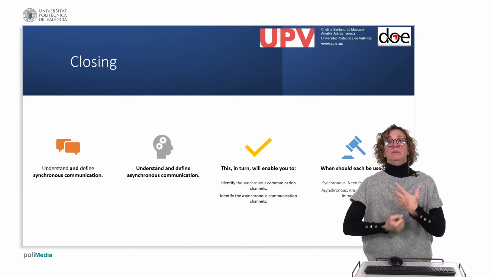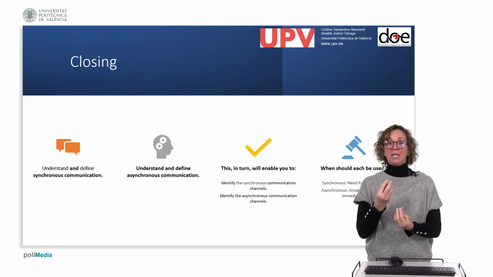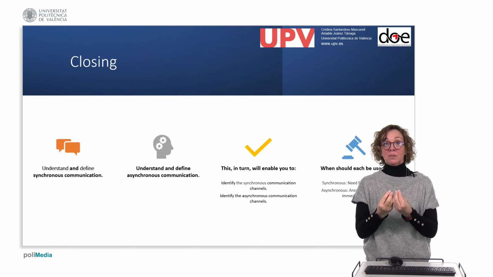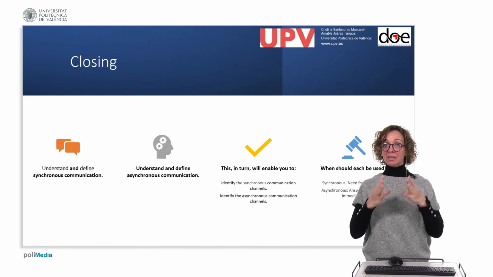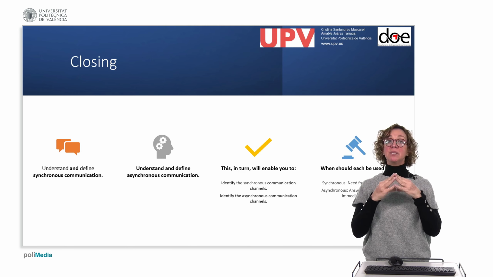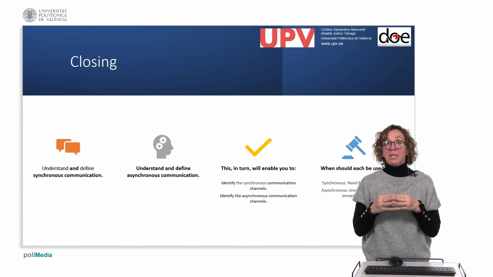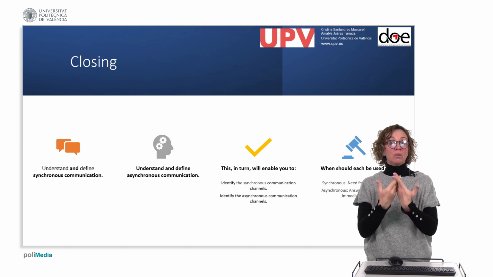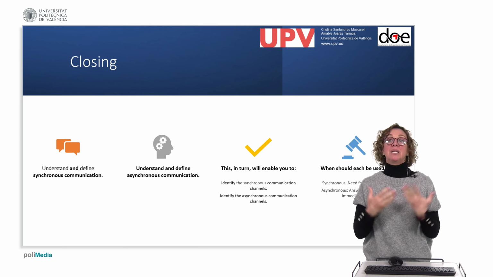Simple, synchronous, need of immediacy. For example, you need to get opinions or do work at the same time. Asynchronous, there is no need for immediacy and we do not need immediate answers, which allows you to gather information, reflect on that information, to use the resources, to use the opinions to express.